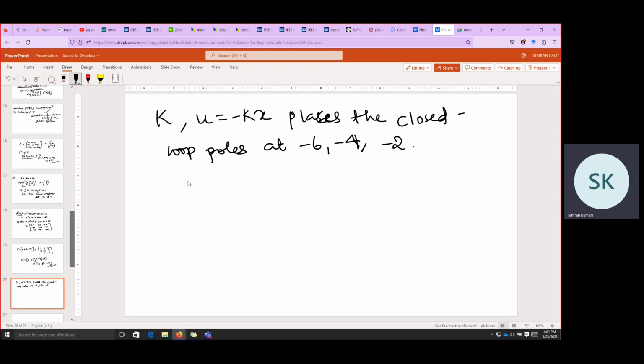So what is the determinant of sI minus A?